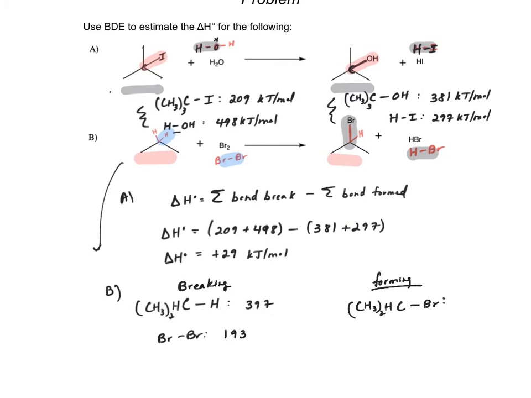When we look this up, it's got a bond dissociation energy of 285. And then finally, we get an H-Br, and this has a bond dissociation energy of 368.